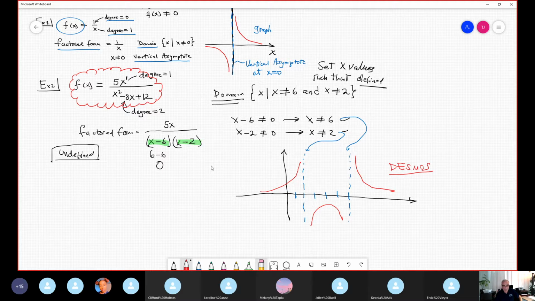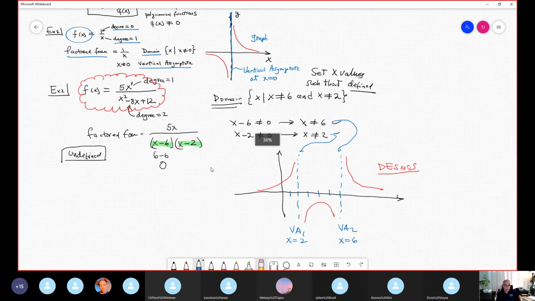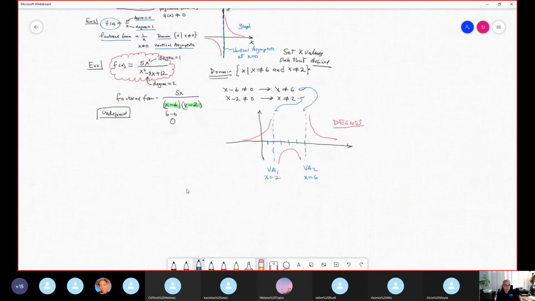So the things I want you to understand: degree, factor form, domain, vertical asymptote. The things I put in blue color are vertical asymptote number 1 and vertical asymptote number 2. This is at x equal 2, and this is at x equal 6. Super. Everyone follow me? Or totally lost?